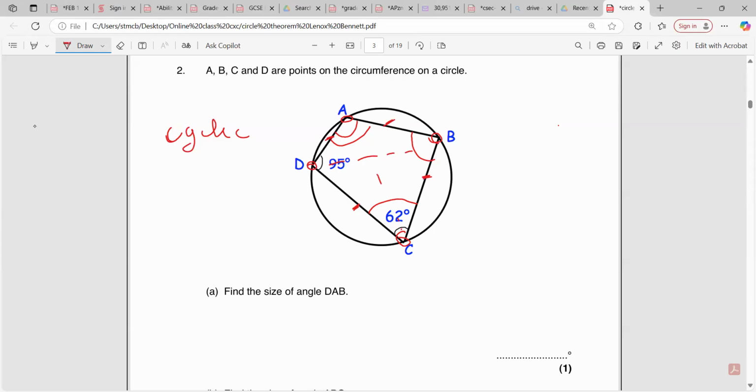So they said DAB, so it should be 62 plus DAB equals 180. Then we can transpose, right? Angle DAB equals 180 minus 62.